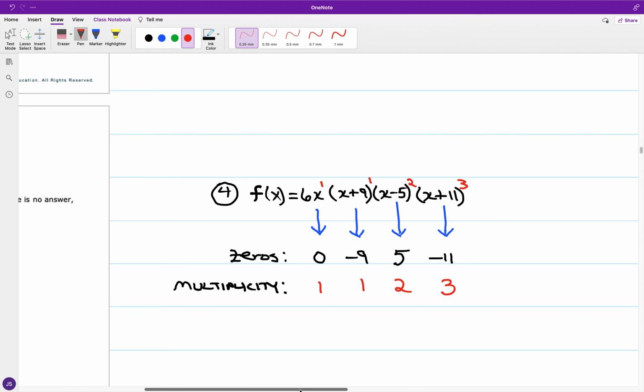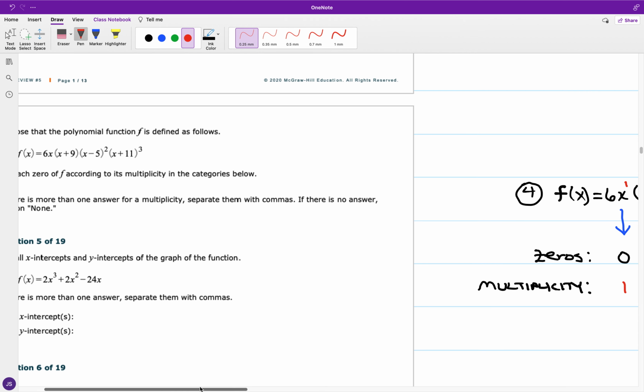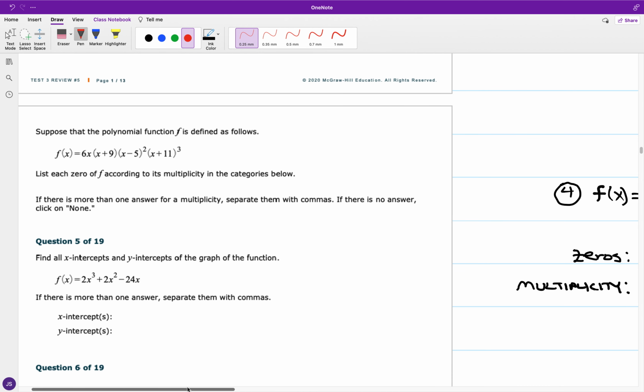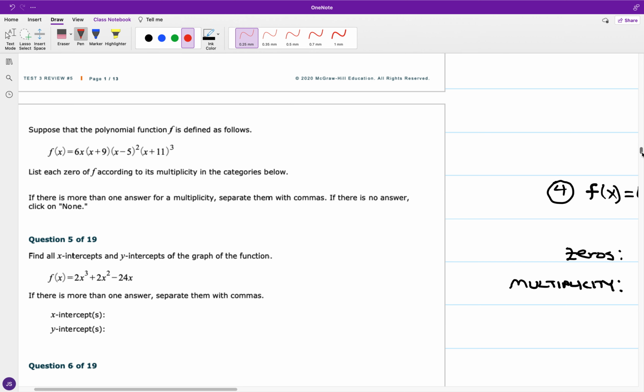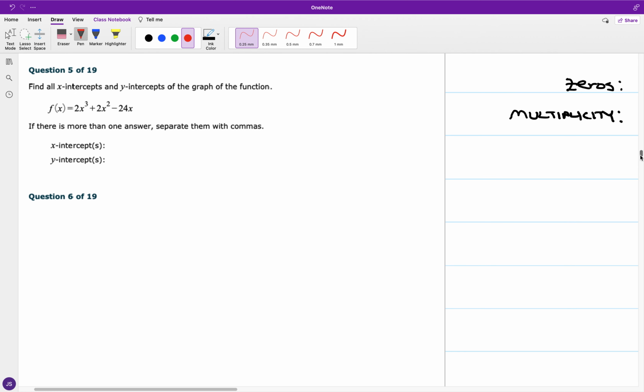And now, for what we have regarding intercepts, with this function we have a cubic trinomial, f of x equals 2x cubed plus 2x squared minus 24x.